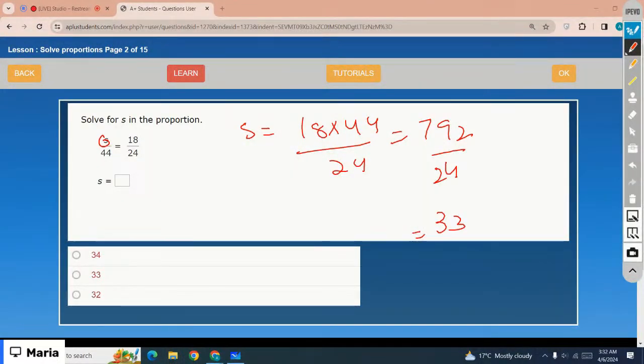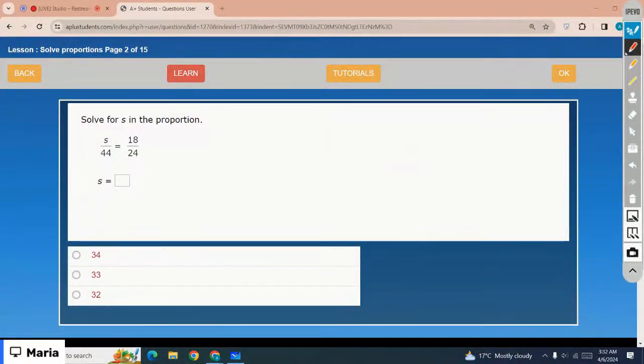So the correct option is 33. Option number 2 is the correct option, that is 33.